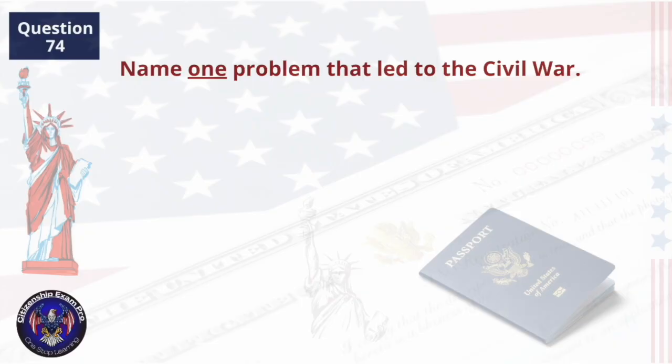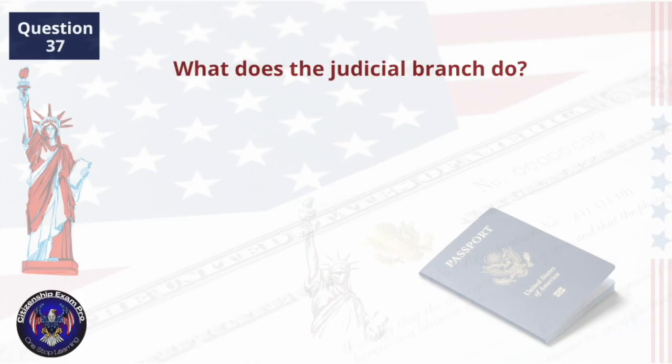Name one problem that led to the Civil War. Slavery. What does the judicial branch do?